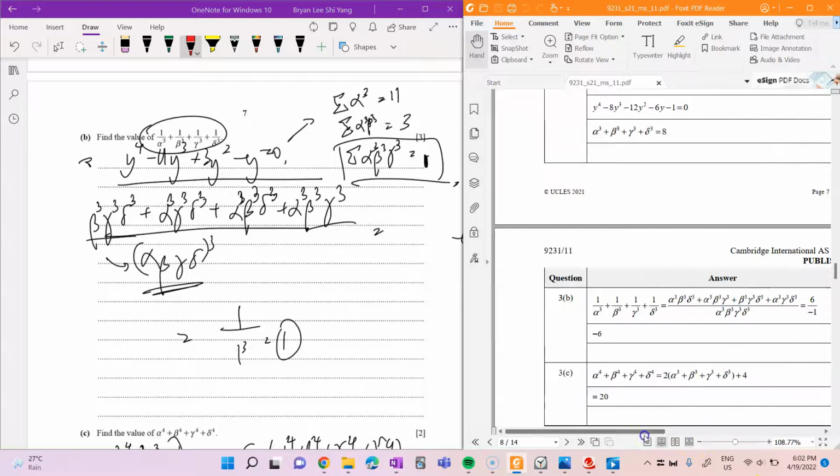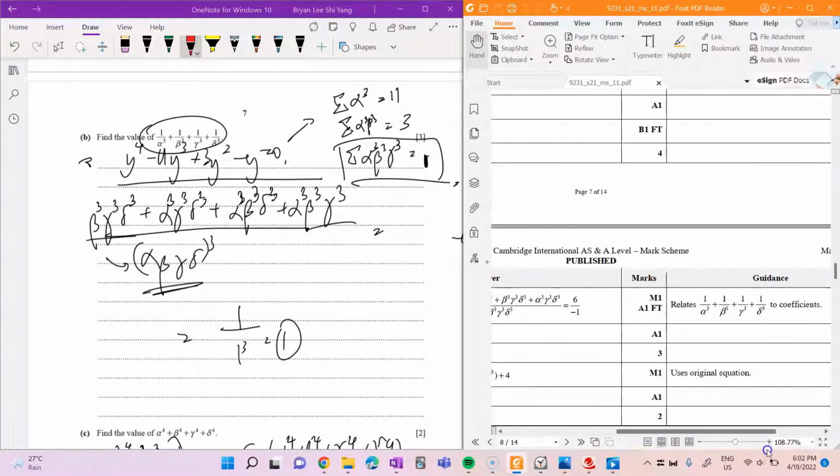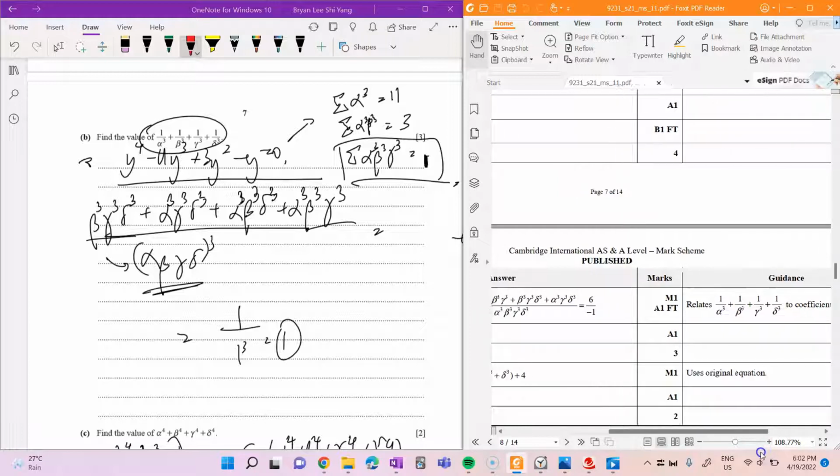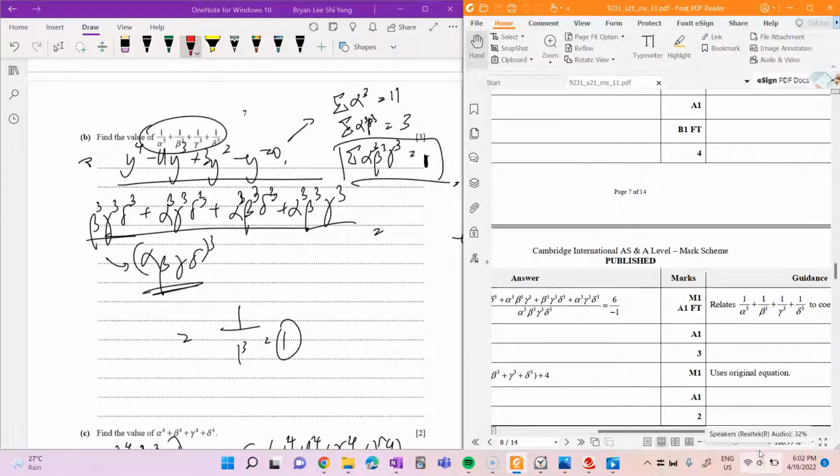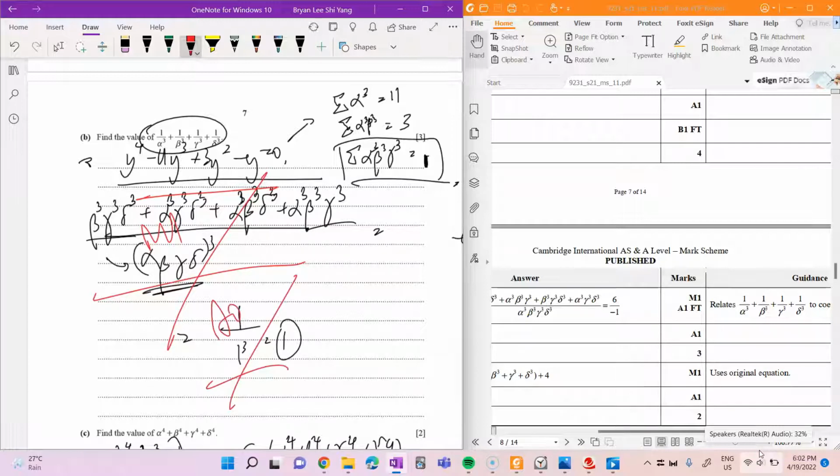And then okay, relates 1 over a cubed. Okay, so for this part, I expanded everything. So this is an M1 over here, but my A1 was both of my A1s over here, I didn't get it, so I have to deduct 2 marks over here.